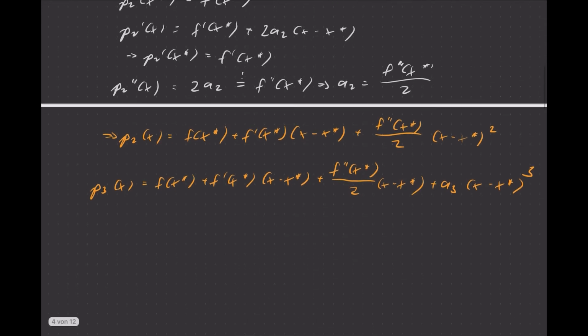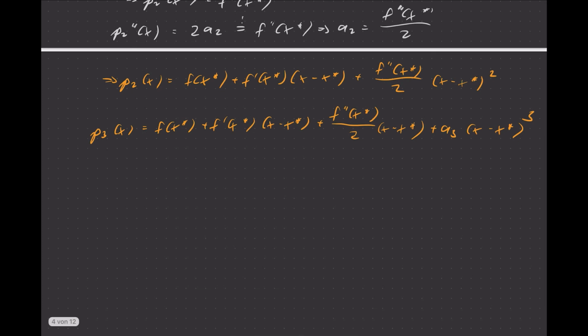And I hope you'll be convinced that the function value, of course, will work. The first derivative will have the desired value, and the second order derivative will have the desired value. So let's just look at the third order derivative. So P3 prime of x, that is f prime of x star, oh, there's a square missing here, sorry, plus f double prime at x star times x minus x star plus 3a3 times x minus x star squared.